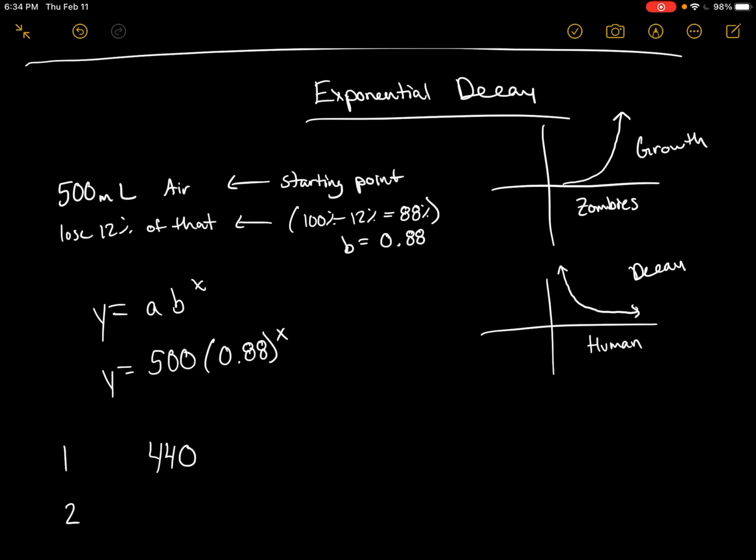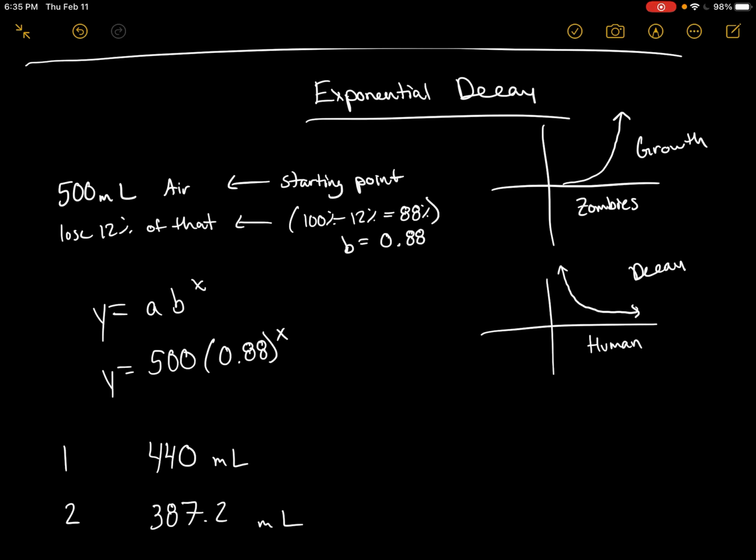After two breaths, 0.88 squared, times 500, we're left with 387.2 milliliters of the original air, I should say. And let's see, 500 times 12% that's gone is 60, and then another 12% loss from 440, which is a little bit over 50, leads us to that 387 number.